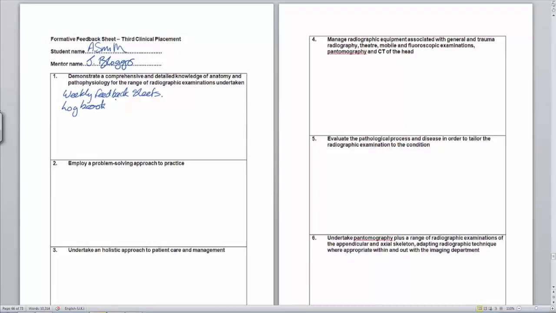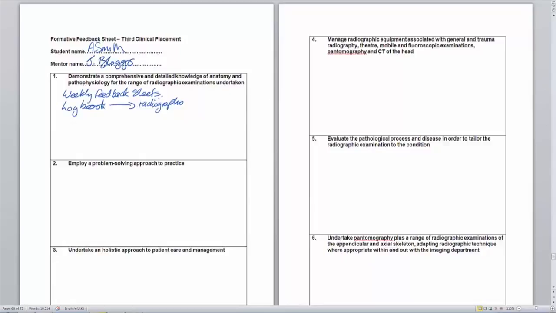What you also might want to discuss with your student, which is quite useful, is perhaps some radiographs within the department, if you've got a teaching file or something like that. It is quite useful to get your student to go through what they would do for different pathologies, if they can identify them.